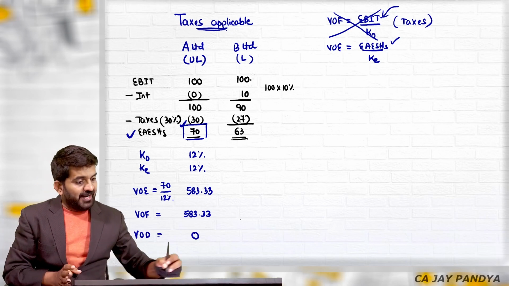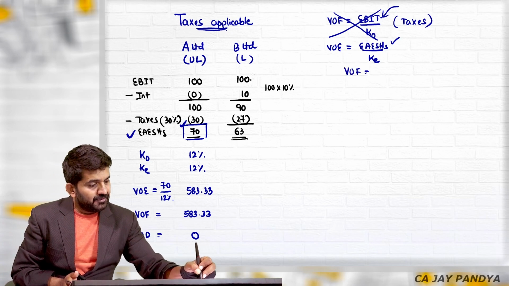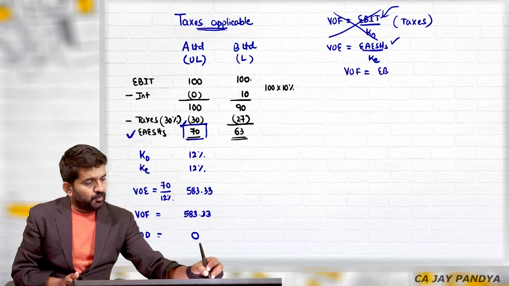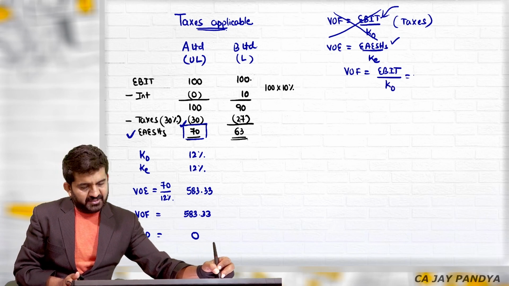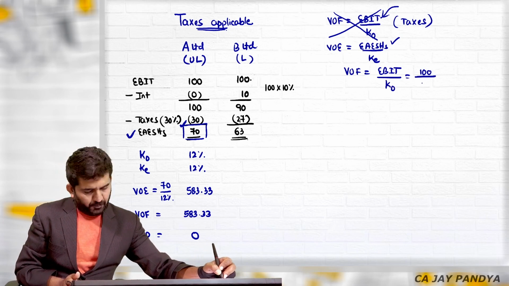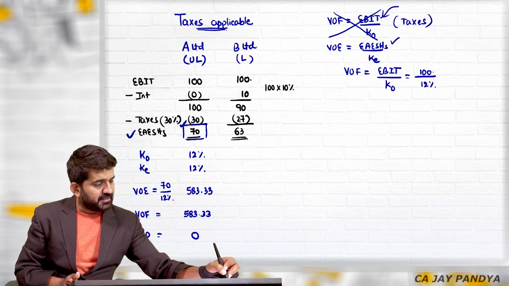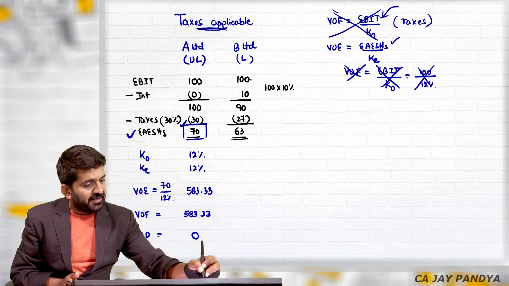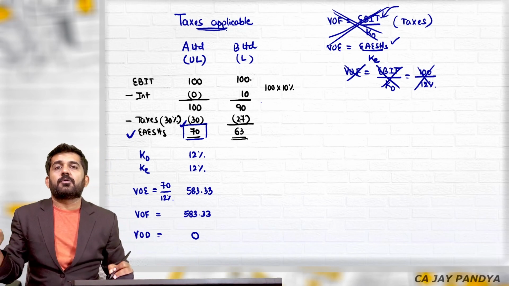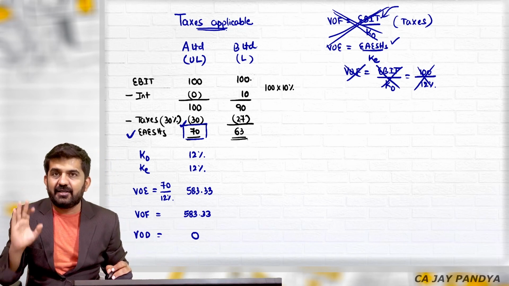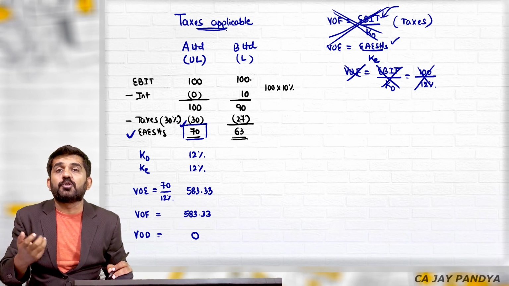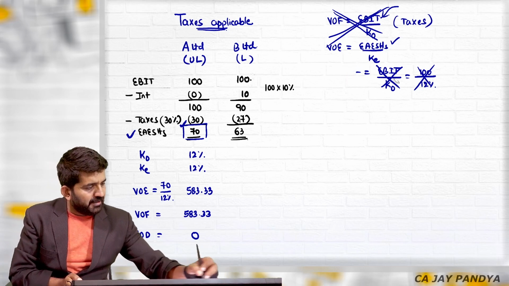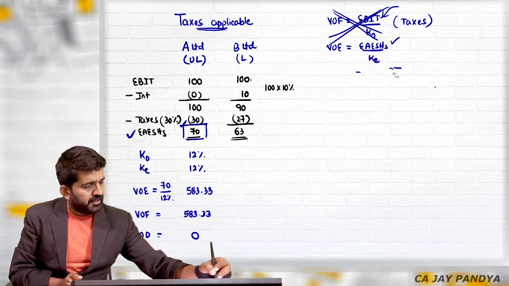Sir, value of firm should be equal to EBIT upon KO, 100 upon 12%? No. Again, remember, this formula cannot be used when there are taxes, because EBIT is not only available to debenture holders and equity shareholders, this profit is also available to government.